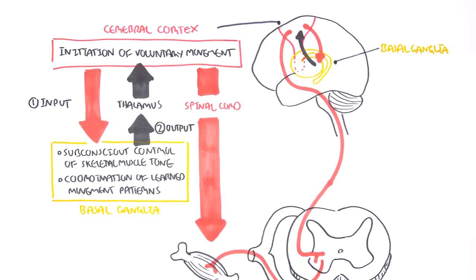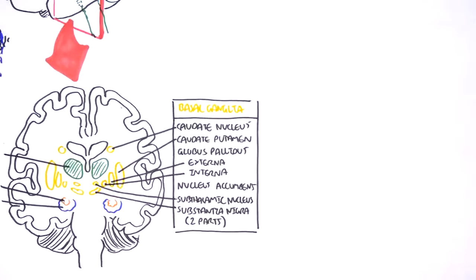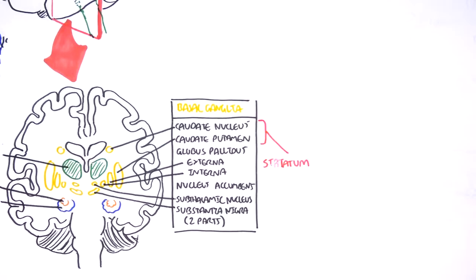So now let us go back to the big diagram and learn about the interconnections that occur within the basal ganglia and the disruption that occurs and how this results in Parkinson's disease. In this diagram, we're going to look at all the components of the basal ganglia. To start, the caudate nucleus and caudate putamen is also known as the caudate striatum.